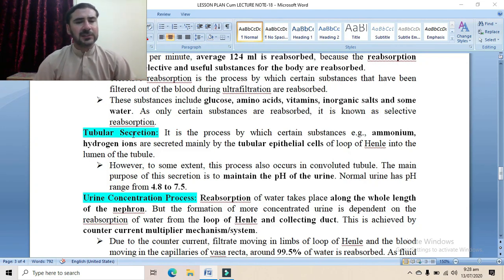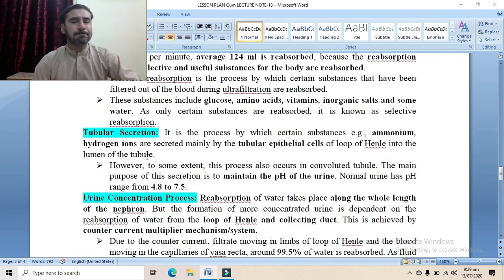Now the 3rd step, the tubular secretion. This tubular secretion process is basically to maintain the pH of the urine which is formed. It is a process by which certain substances, ammonium and hydrogen ions, are secreted mainly by the tubular epithelial cells of the loop of Henle into the lumen of the tubules.